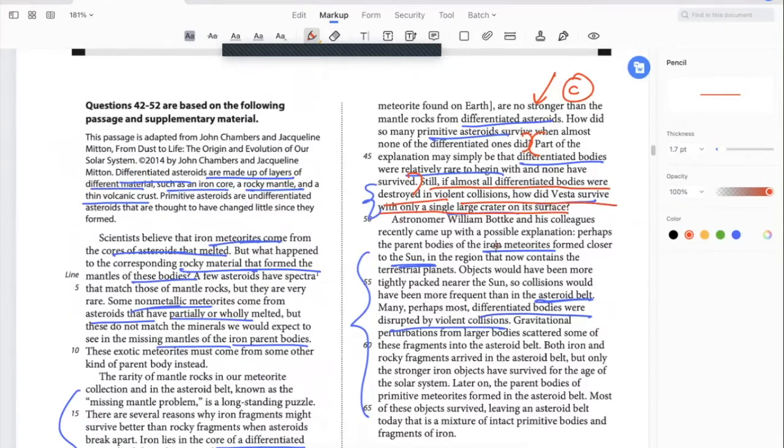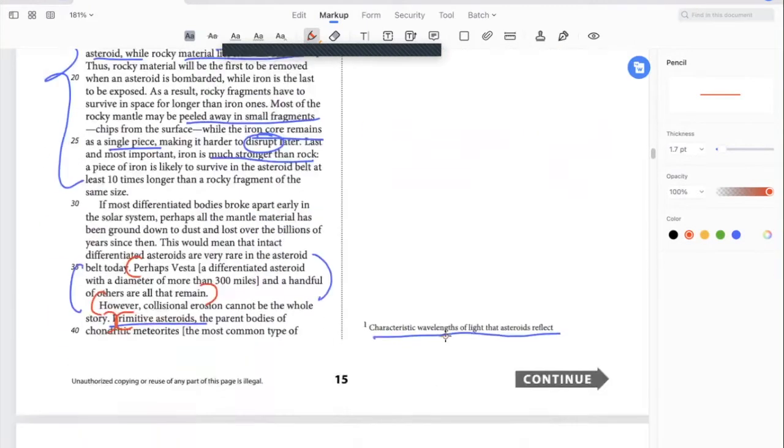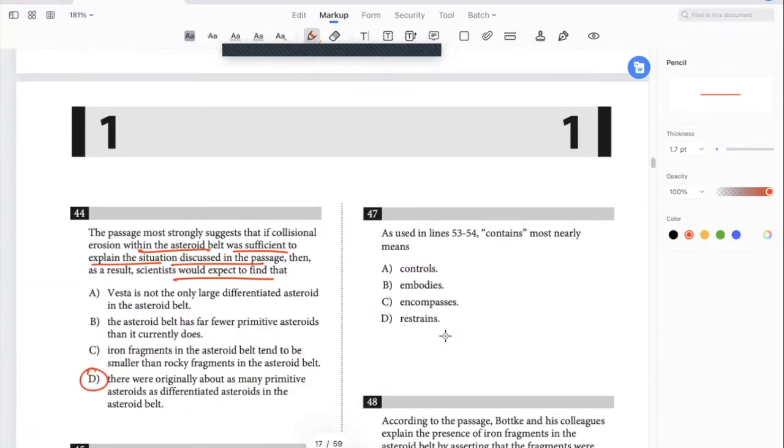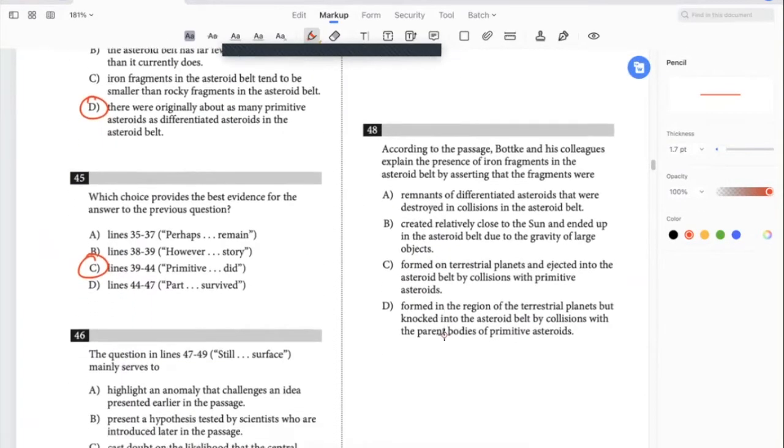So this brings the other part of that argument, that if collisional erosion was not responsible for the outcome that we see today, that is the large difference between the number of primitive and differentiated asteroids, then what explains the presence of Vesta, right? Which does not show evidence of collisional fracture.